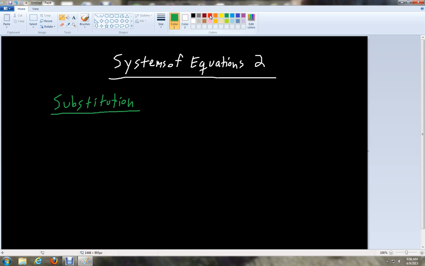So let's say I have two equations. We have x equals 4y minus 4, and then I have 2y plus x equals 8.